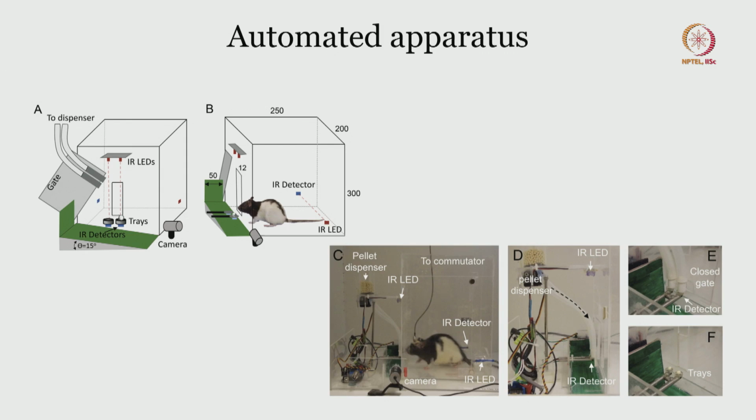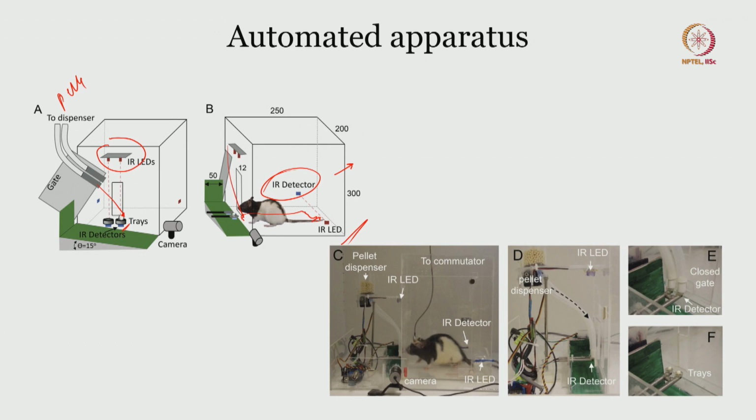One way is to have an automated apparatus where there are infrared detectors attached to this behavioral setup box, and infrared LEDs next to the food pellet tray. Every time some movement is detected, there is a pellet dispenser which delivers the pellet into the tray, and the rat will grab it and move backward, and whenever movement is detected again, another pellet is dispensed.